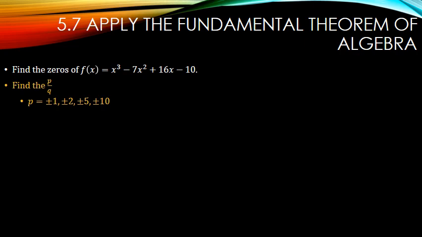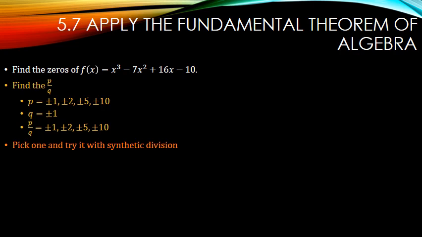So to get 10, it's 1 times 10 or 2 times 5. So it's 1, 2, 5, and 10. Plus and minus, because I need a positive times a negative to get the negative 10. Q's are factors of the leading coefficient, which in this case would be 1. So all the p's over q's would be 1, 2, 5, and 10, with pluses and minuses, of course.